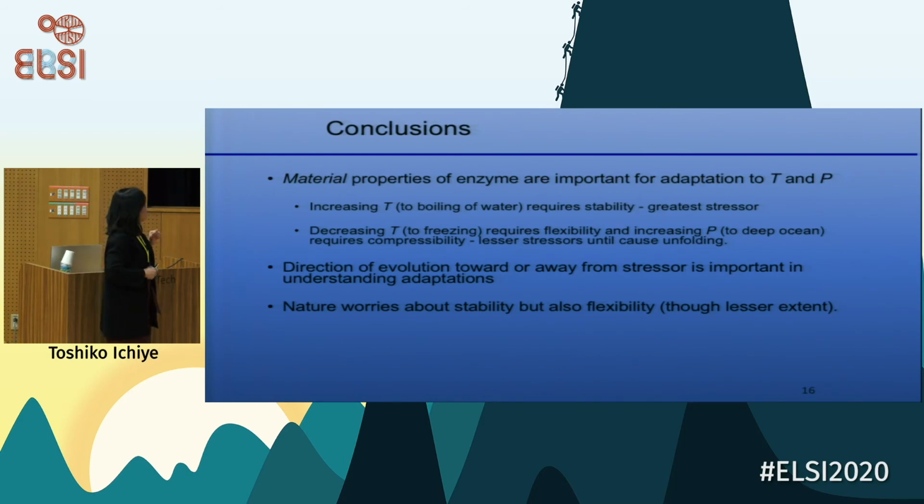So my conclusions are, I think the material properties of an enzyme are important for adaptation. So these are adaptations regarding the protein matrix around the active site.